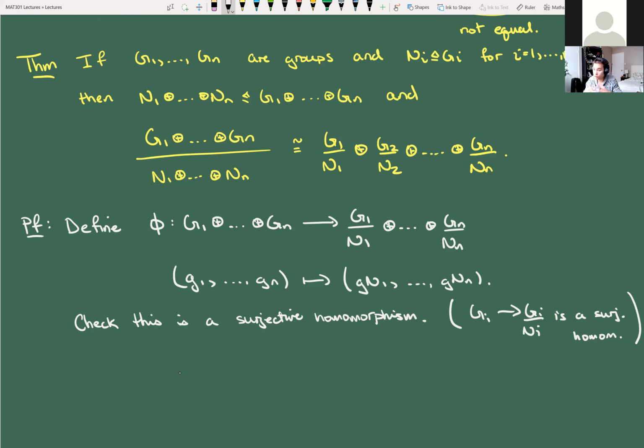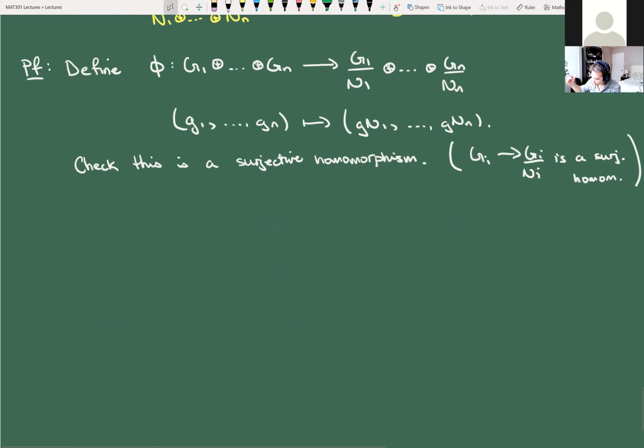And you know that already. You don't have to prove that. This map is just that in each single component. So the whole thing is evidently a surjective homomorphism. And like I said, you can write it out if you want. And okay, so what's the kernel of this?